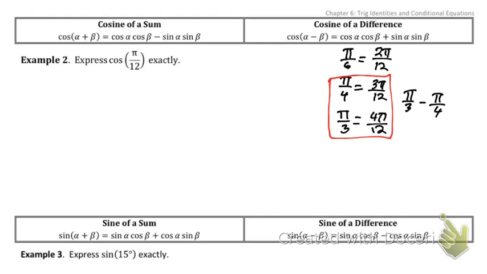This has to be my beta. So we are going to rewrite this as cosine of, instead of pi over 12, we're going to convert it to, well, basically we're doing 4 pi over 12 minus 3 pi over 12, but we're going to write it as pi over 3 minus pi over 4.